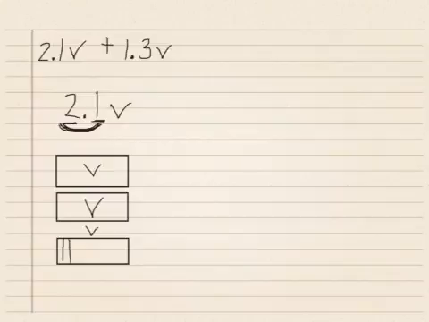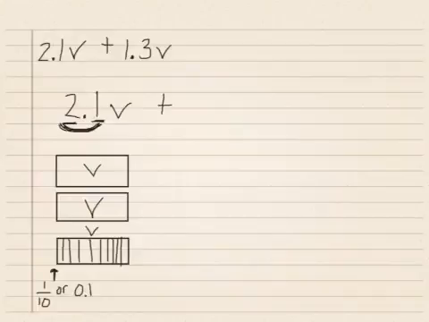So there's 1, 2, 3, 4, 5, 6, 7, 8, 9, and 10, where one of these little slices is 1/10, or we could say 1/10 as a decimal.